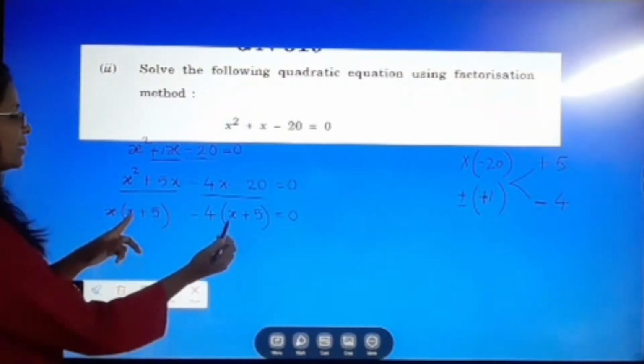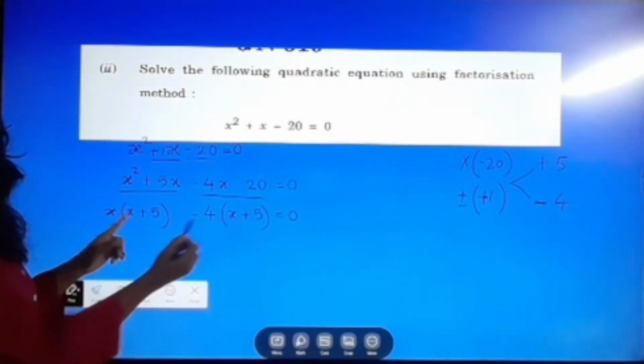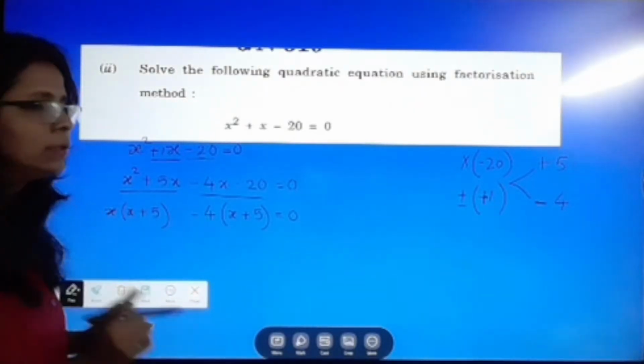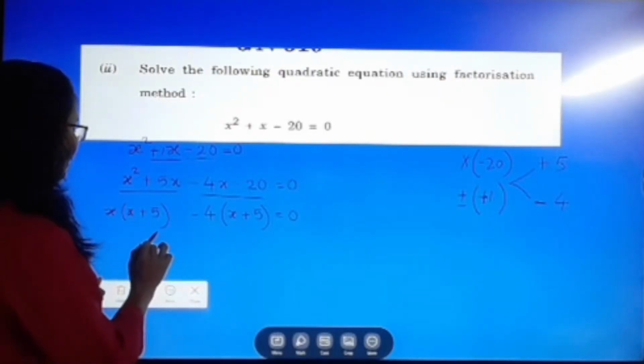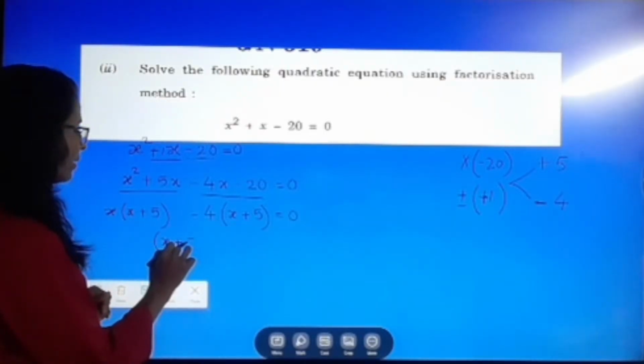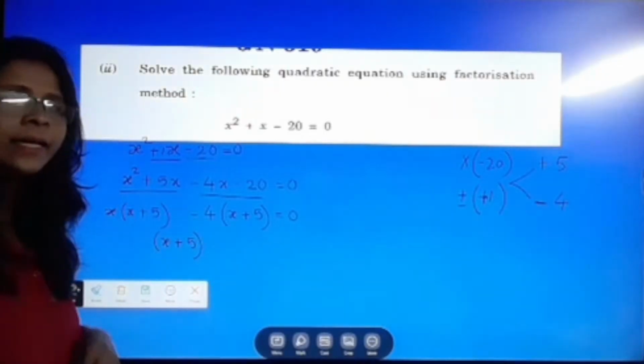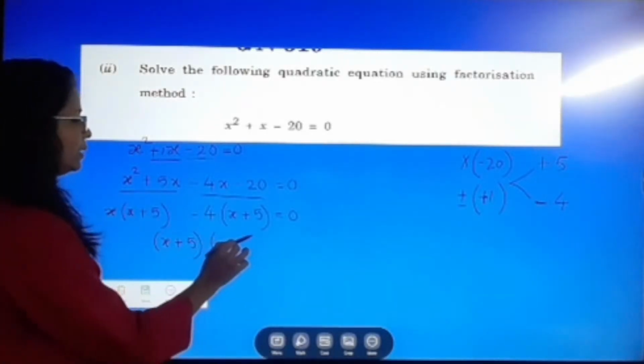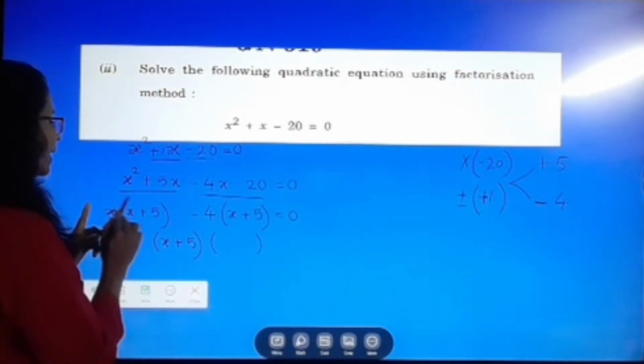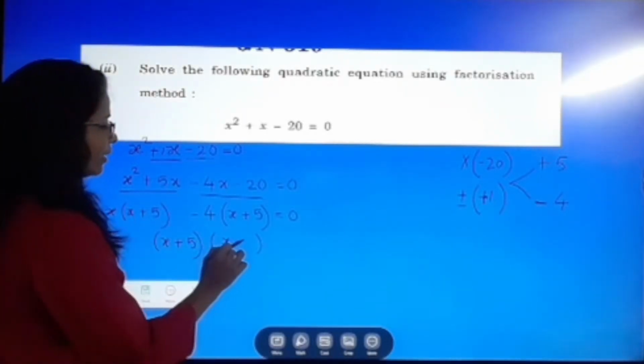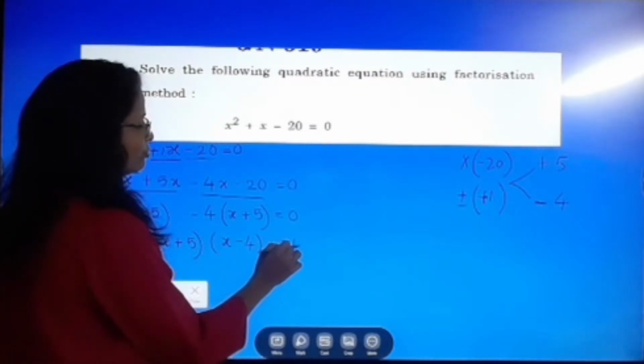Then, students, see these two brackets are equal. That means we write x plus 5 in the first bracket and the remaining terms in the second bracket, that is x minus 4, is equal to 0.